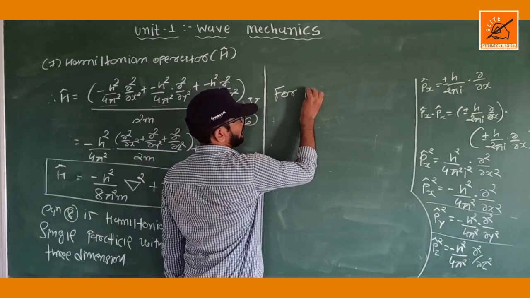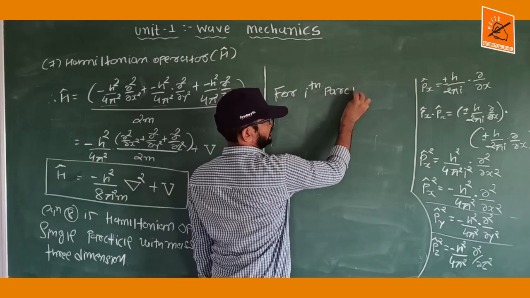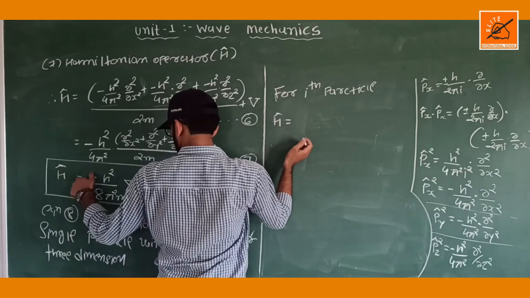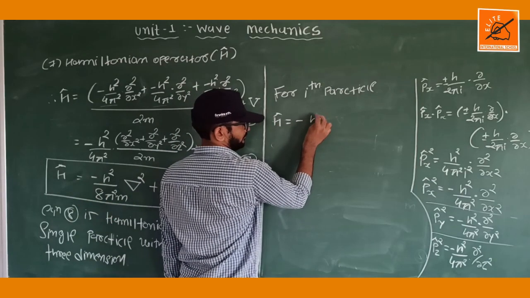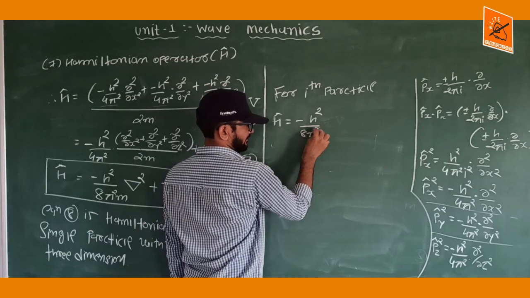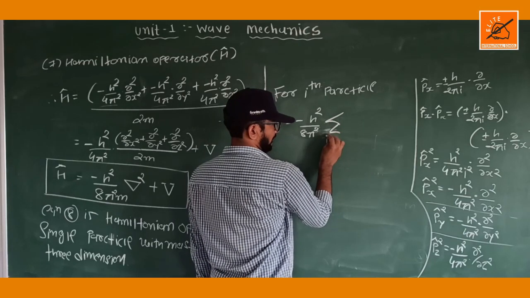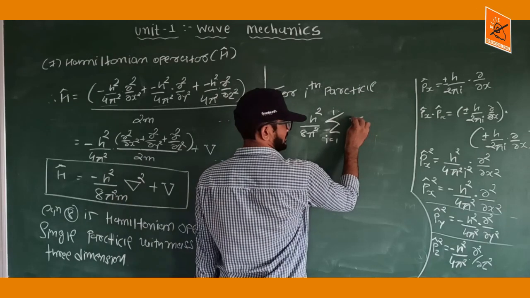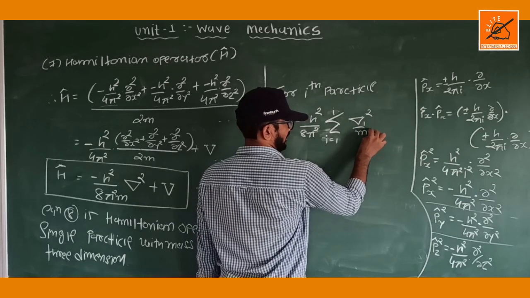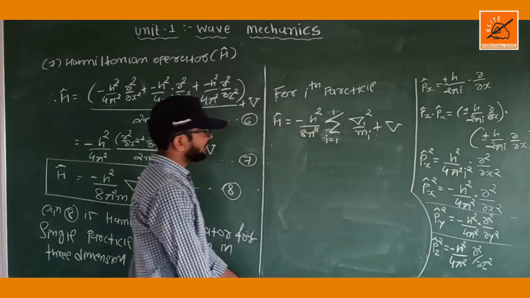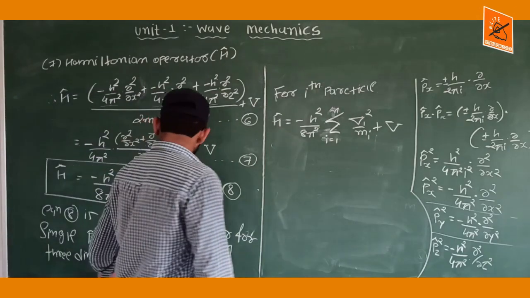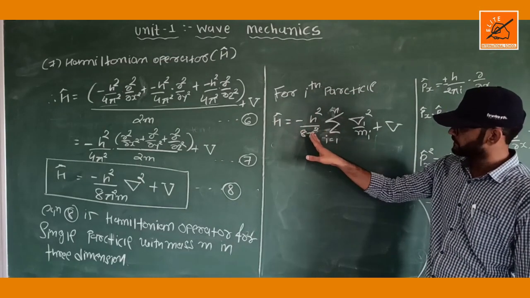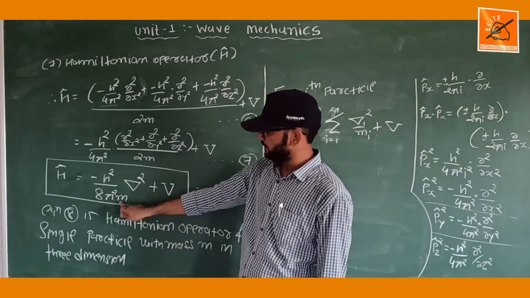For i particles, equation number 8 will become H cap is equal to minus h square upon 8 pi square, summation over i from 1 to n of del i square upon mi, plus capital V. Here for a single particle there is only one term.